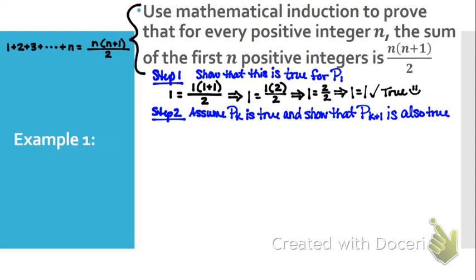So I'm going to write down what our assumption is. We will assume that 1 plus 2 plus 3 plus everything up until we get to k is equal to k times k plus 1 over 2.